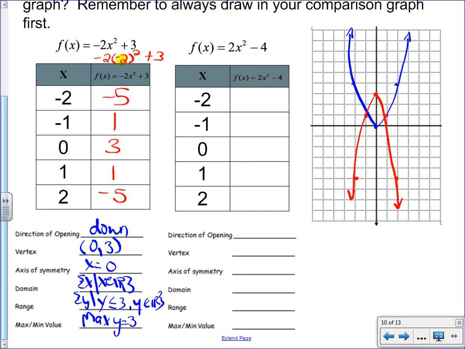Okay, going on to the next graph. Again, I have f of x equals x squared minus 4. Kevin, what do I get for that when I plug that into my calculator? Negative 2 squared gives me 4. 4 times 2 gives me 8. 8 minus 4 gives me 4. Austin, f at negative 1, what do I get?